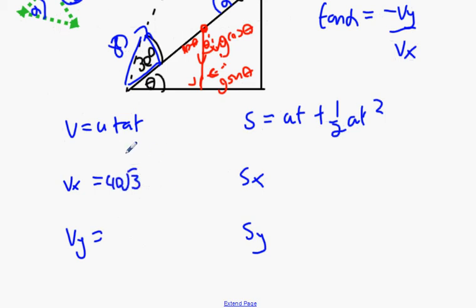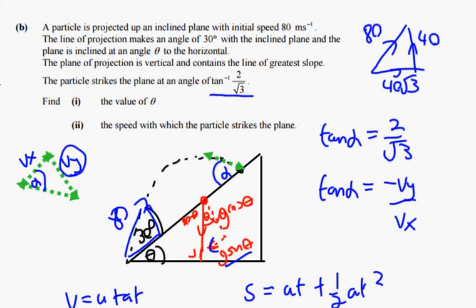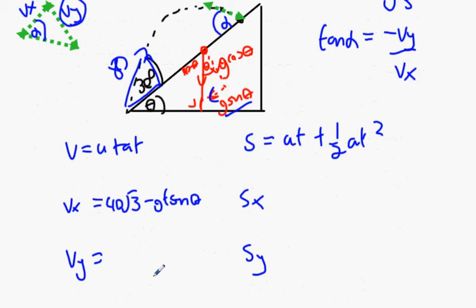And then any deceleration in that direction? It's technically minus g sine theta times t, but we like to keep the g and t together. gt sine theta. What about phi y? In the phi y direction we have 40. So it's going to be 40 minus gt cos theta.